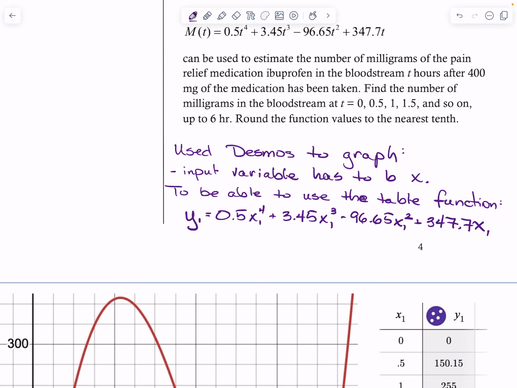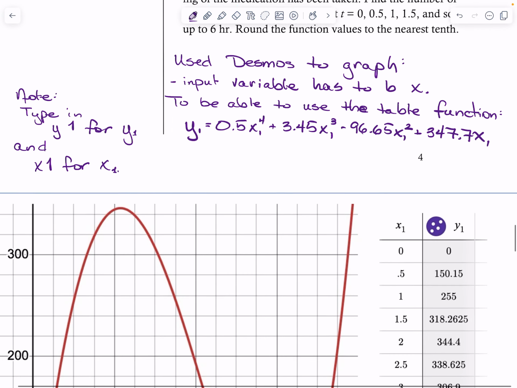The subscripts in Desmos, you're just going to type in y and then 1 for y sub 1, and x and then 1, no space, for x sub 1. Then I can use the table function.